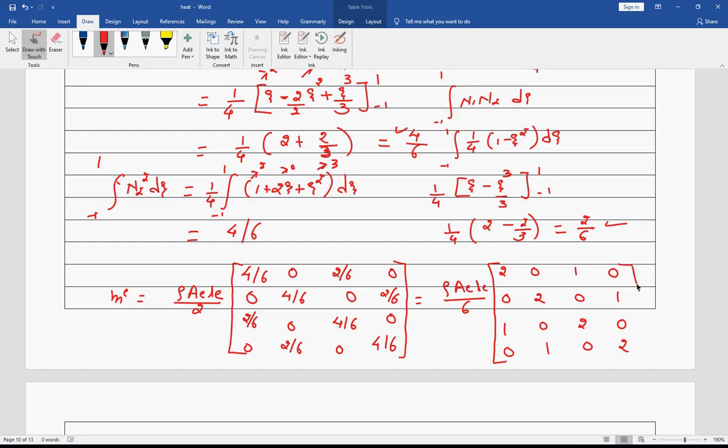So yeah, correct. So I can write 1, 2, 3, 4 for rows and columns. So this is the mass matrix derivation for a truss element, with the consistent mass matrix. So you can note this down and also let me know whether you understood this or not. You can just type U if you got this.